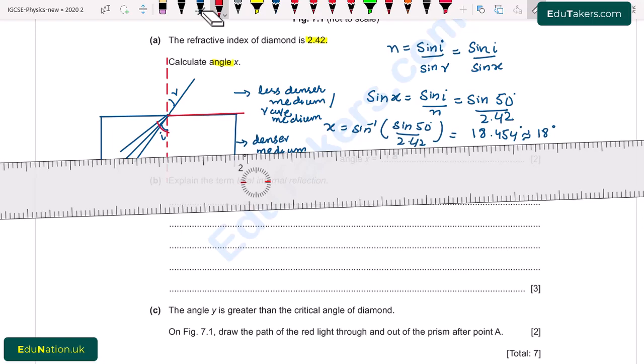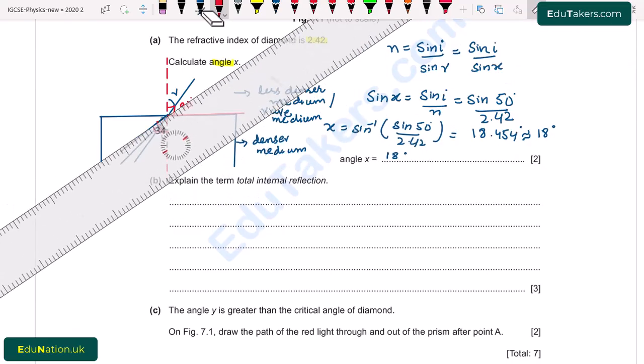When I increase the angle of incidence, the angle of refraction also increases. The angle of incidence for which the angle of refraction is equal to 90 is known as the critical angle and I represent it with C. It is the critical angle. Any ray that enters at an angle that is greater than the critical angle will be totally reflected.